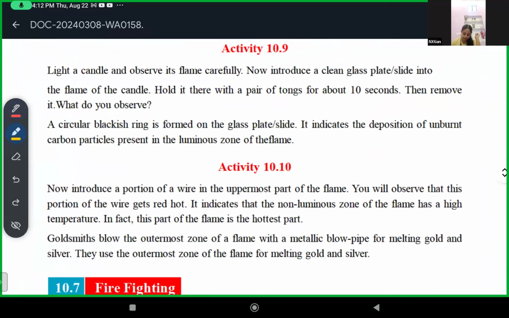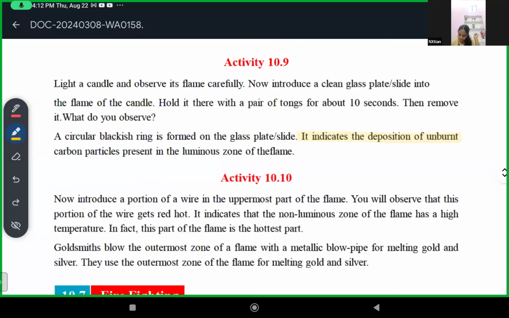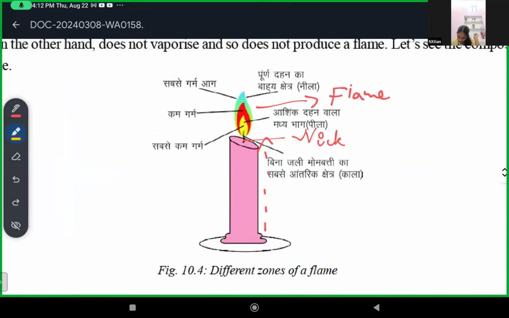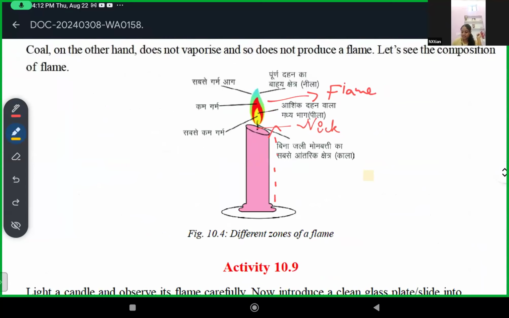Okay, the flame has unburned carbon. Which is the luminous zone? The outside or the inside? I think it's the inside, the thing that's right in the center. One minute, let me open this diagram in English.